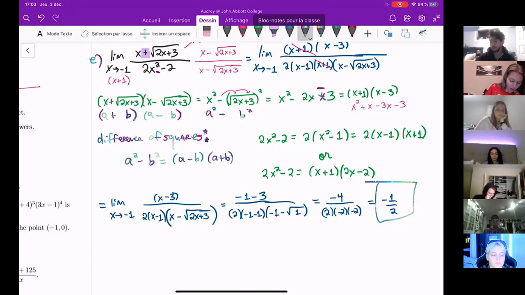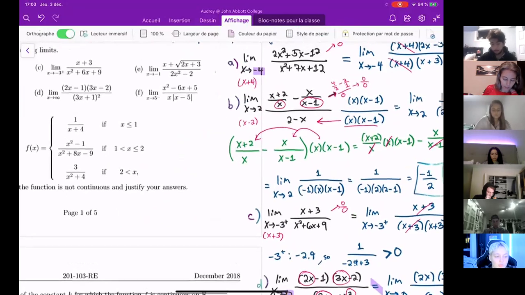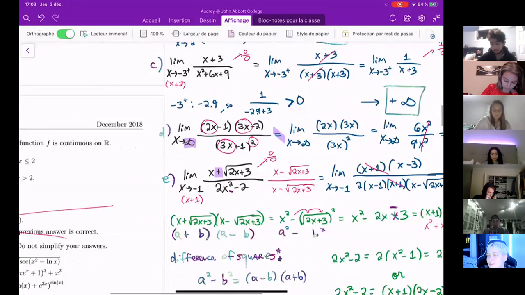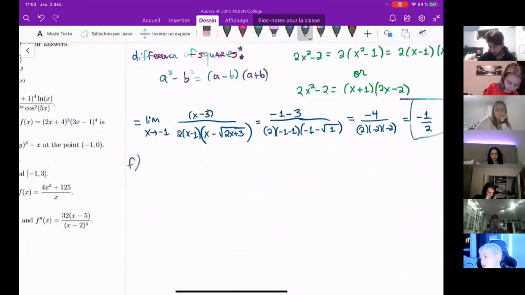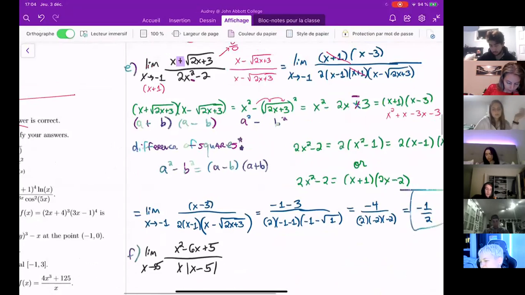All right, we have one last limit. X squared minus 6x plus 5. Am I going from the left or the right?